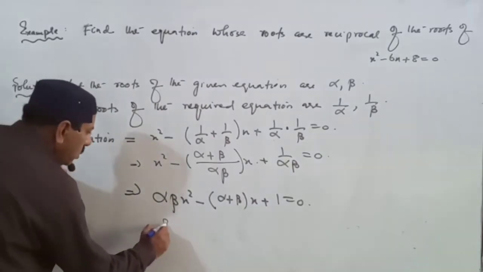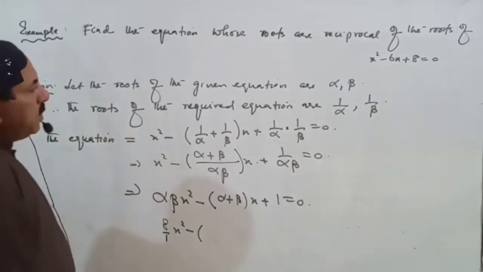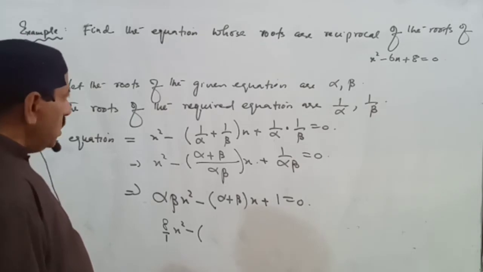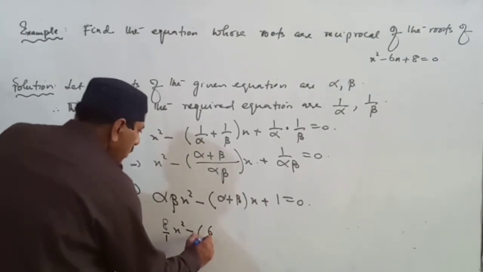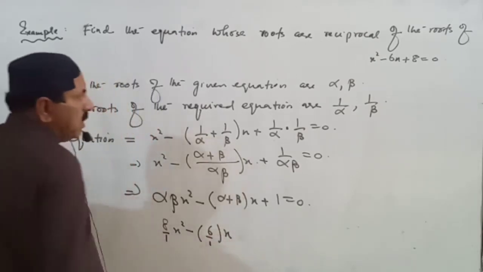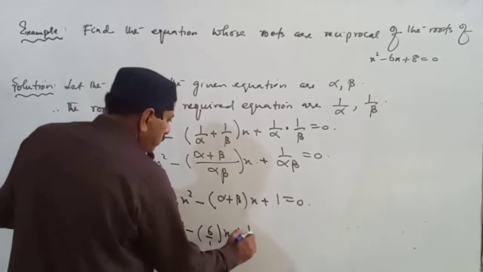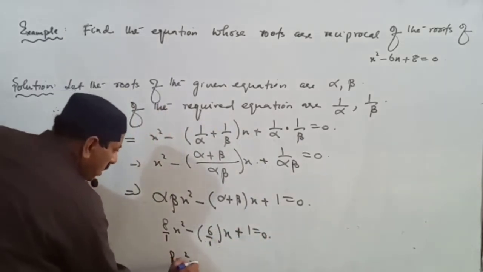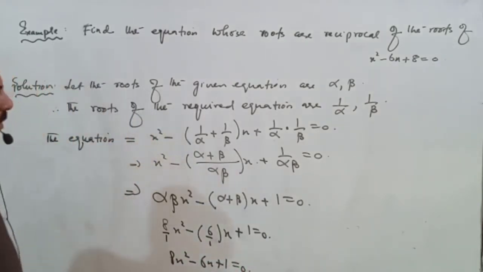So 8 upon 1 x square minus sum of the roots, minus b upon a, means minus of minus 6 upon 1, minus into minus plus 1 is equal to 0. So this will be 8x square minus 6x plus 1 is equal to 0, the required equation.